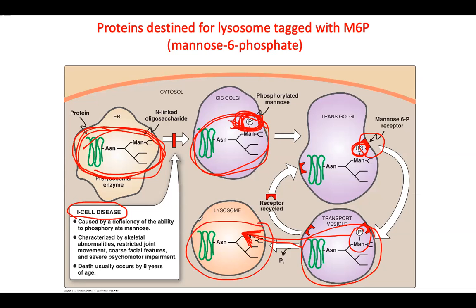We call this condition I-cell disease. So I-cell disease is a deficiency in the ability to phosphorylate mannose, which ultimately leads to a lack of degradation of glycoproteins, which eventually means I'm going to have an accumulation of glycoproteins in the body.